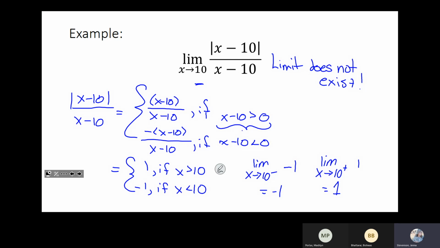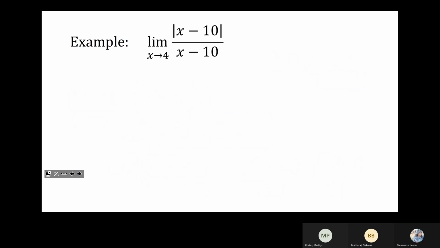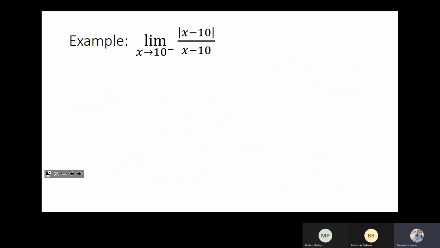Okay, so then you have that bottom one where you have the absolute value of x minus 10 over x minus 10 as x approaches 4. Sorry, and this limit, that one we just did was where it didn't have a negative here. This limit does exist.